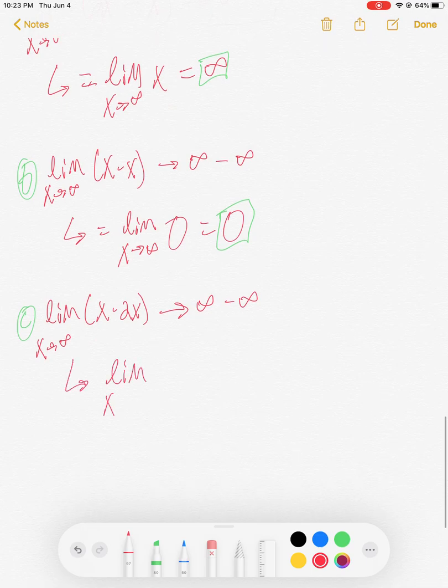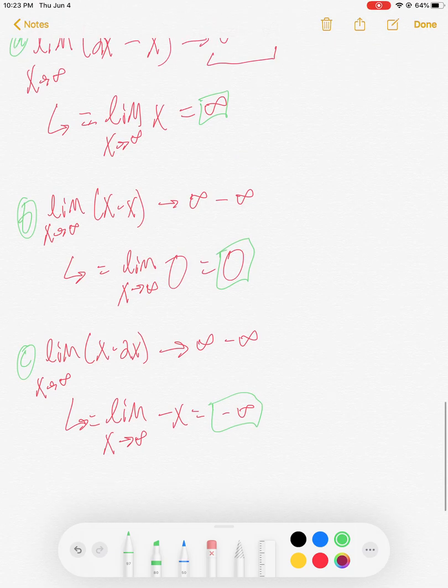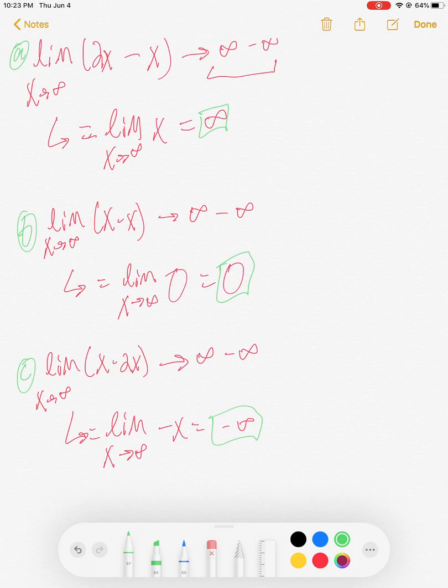That alone tells us that it's indeterminate, but just because I'm feeling crazy, what if I did x minus 2x? Well, again, if I just plug stuff in, I'll get infinity minus infinity. But this is just the limit as x approaches infinity of negative x, which is negative infinity.